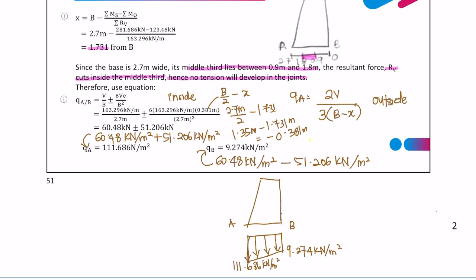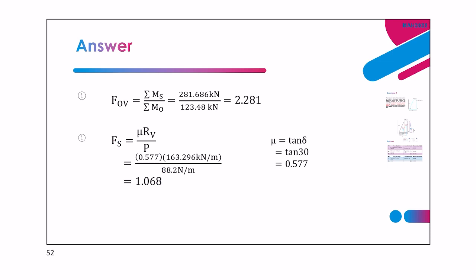And since this question tak ada bagi any value for you untuk compare, for example, the safe bearing capacity of the soil, then kita tak ada something to compare lah. Then leave it like this. The question also asks you to find the factor of safety against overturning. So we have the formula for this. Total stabilizing moment divided with total overturning moment.